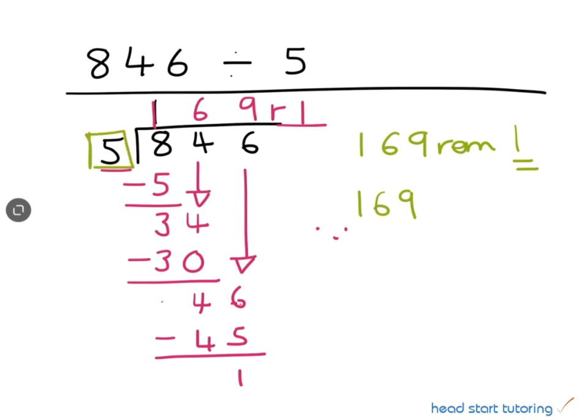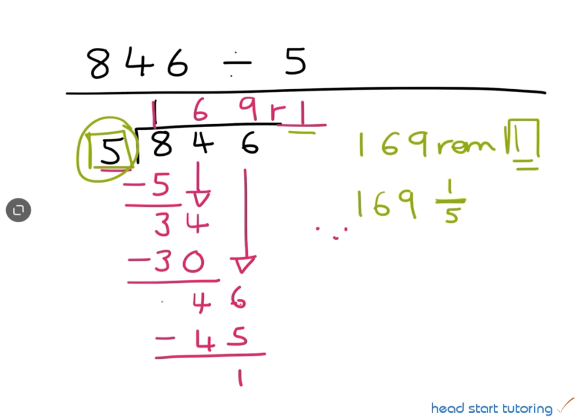So that remainder 1, actually, we can put into a fraction to say 1/5. 169 is our answer, but we've still got that 1 that we weren't able to divide perfectly by 5. And because we know that a fraction is the same as a division, that remainder 1 we can put into a fraction as saying 1 still needs to be divided by 5, or 1/5.